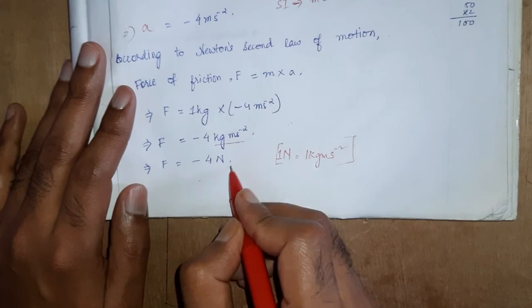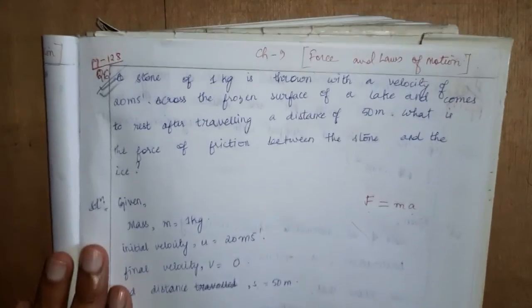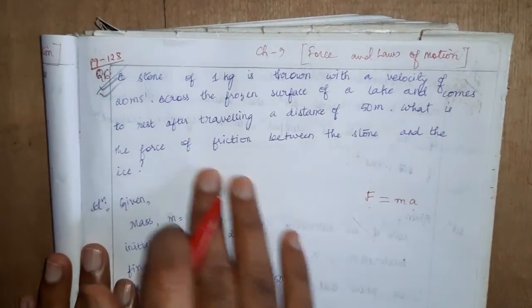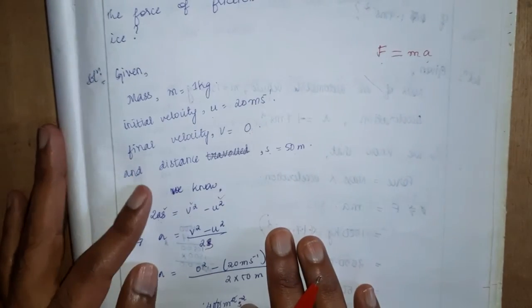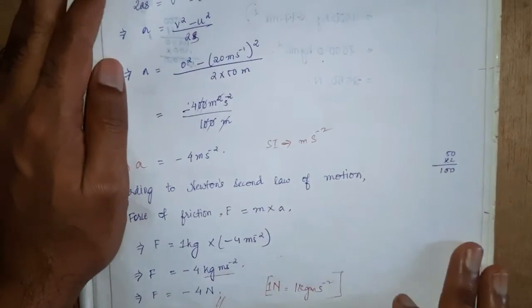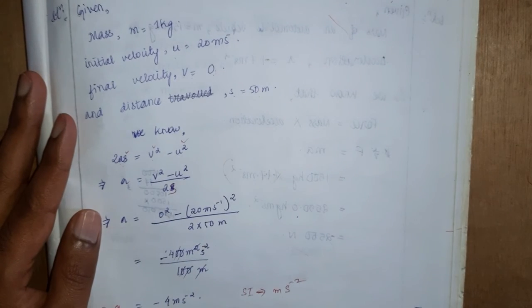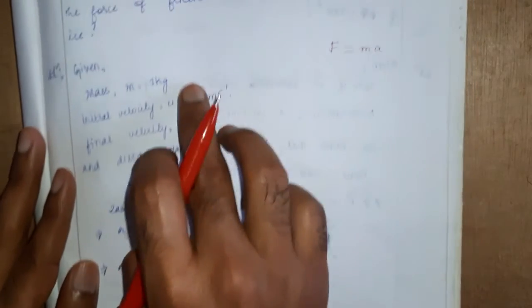So this is how we should do this kind of numericals. We have to understand the whole question, what is given and what to find out. Then we have to see which formula is suitable for that, and use it accordingly. We also have to be very careful when we write the units; all have to be in standard form.